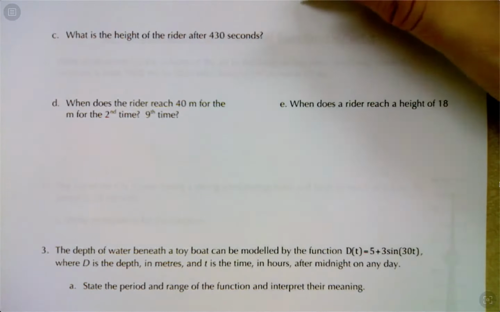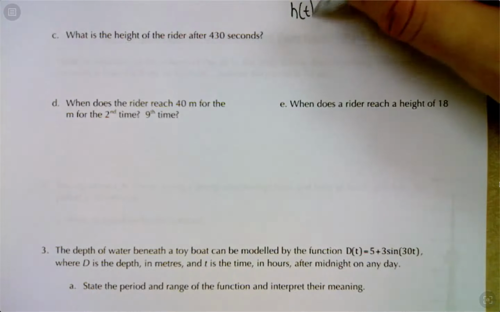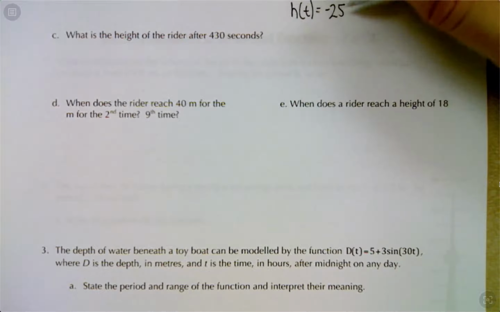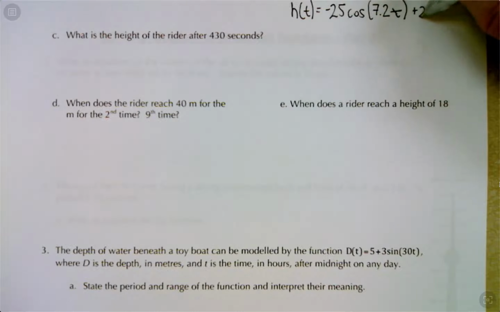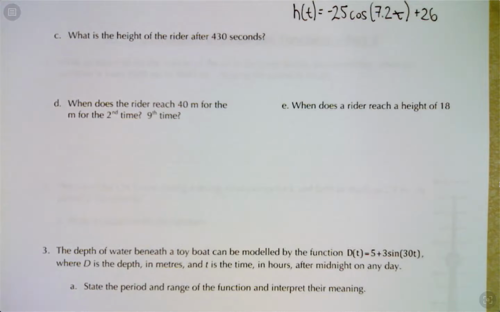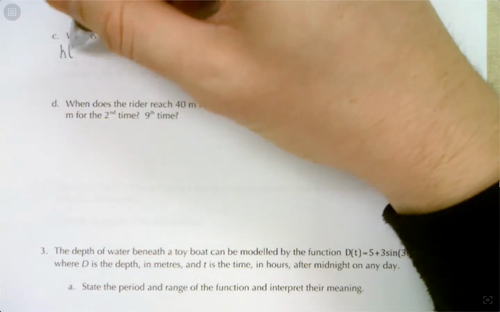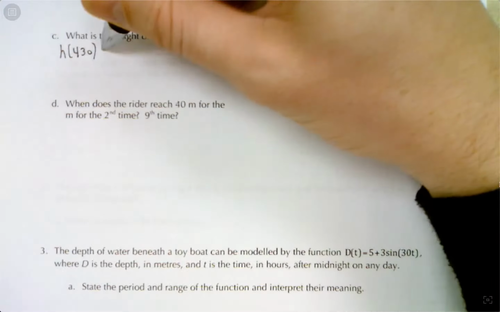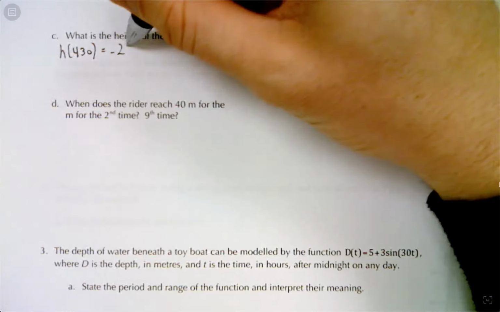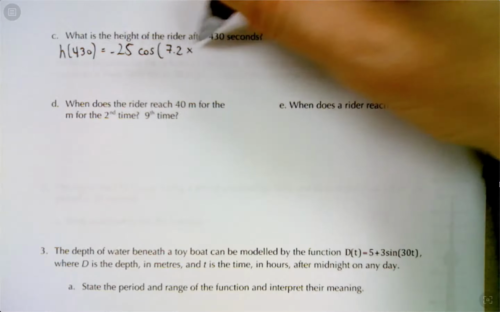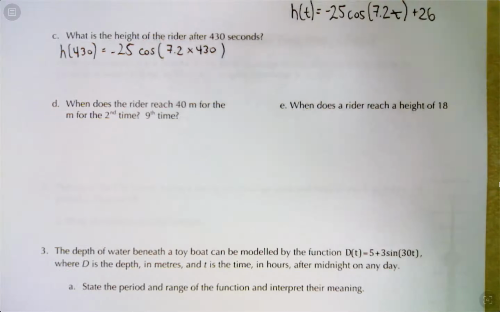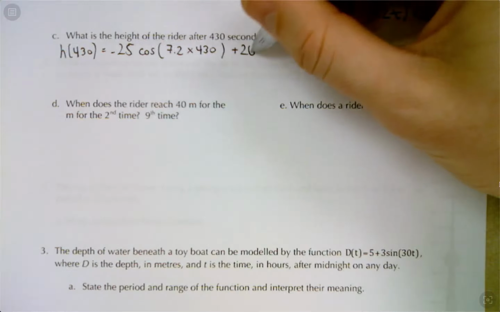Well, let's remember our function. We just wrote it, h of t, negative 25 cos 7.2 t plus 26. So after 430 seconds, well, we just plug 430 in. So we get h of 430, negative 25 cos 7.2 times 430, plus 26.